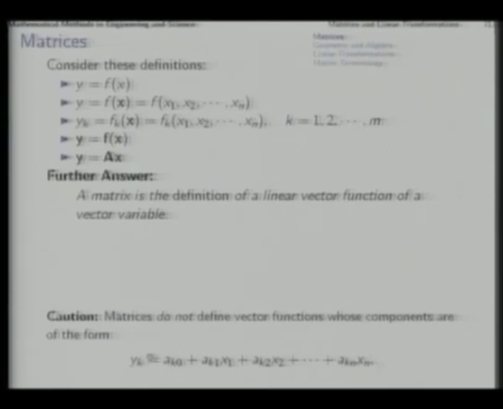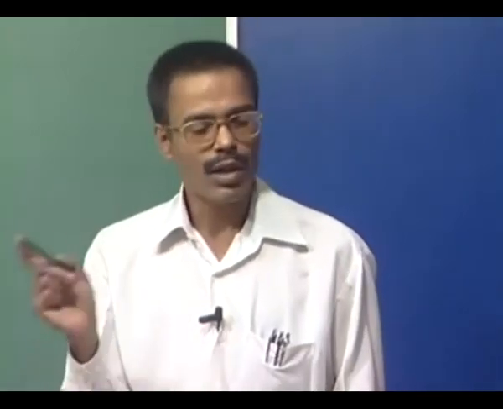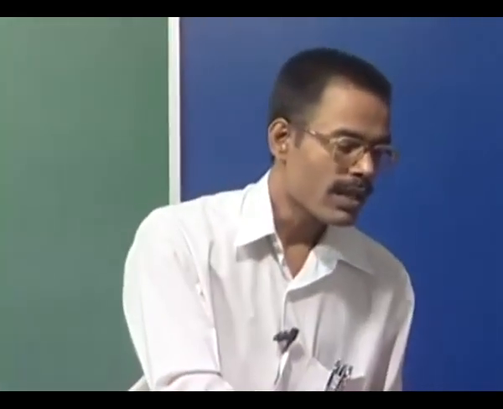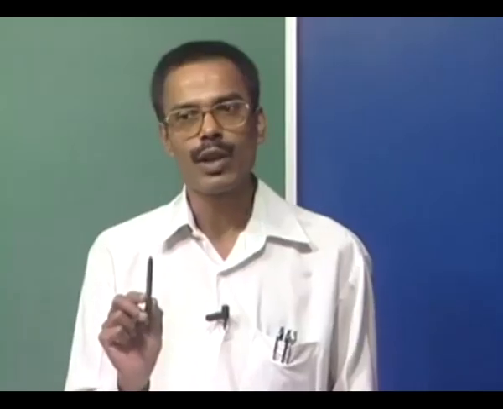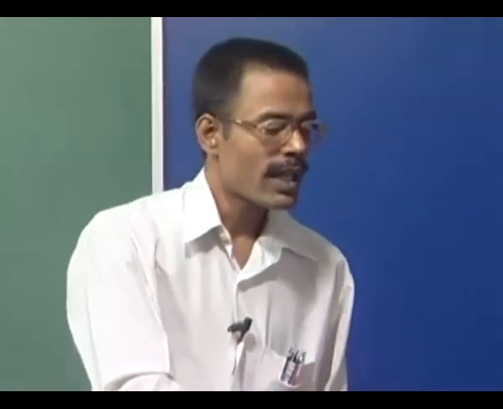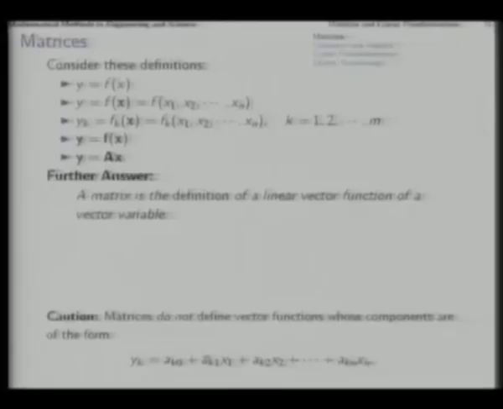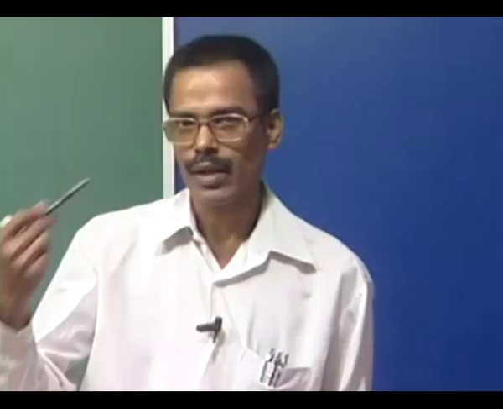Because in the matrix vector multiplication that we saw just now, this term will not be present. Therefore, we will say that functional forms in which there is a constant, x-free term, that kind of mappings, matrices will not define. Other than that, if you remove this term, then whatever is remaining, those functional relationships, matrices describe, matrices explain, matrices express directly.